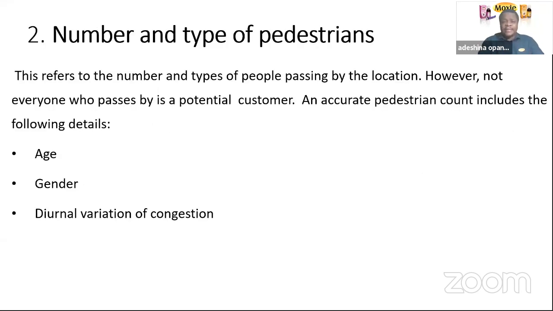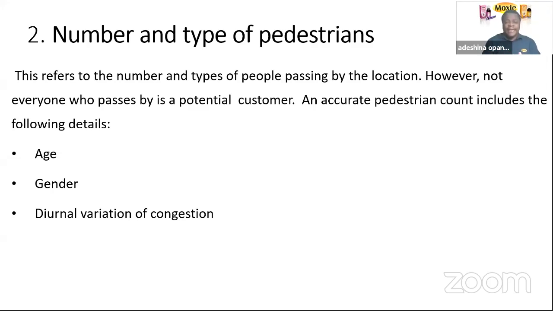Now, another important thing, the number and the type of pedestrians. And this talks about the people walking around your pharmacy. That's why I said you cannot just go to a place once, like it, and make a payment. No, you need to go at different times of the day and look at the kind of people who are moving around. And note that not every person moving around is a potential customer. Because once you determine the kind of pharmacy you want to run, then you also determine the kind of person you are targeting.